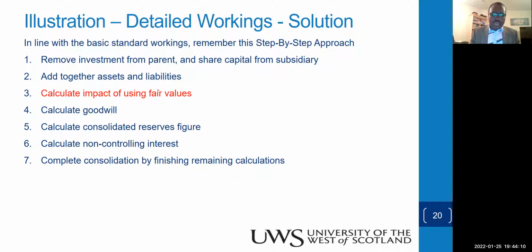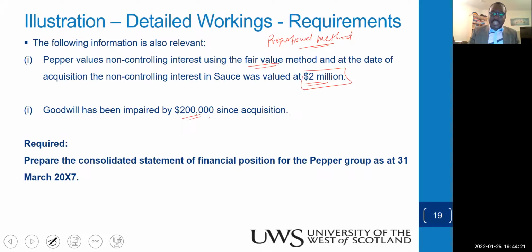Then we calculate the goodwill. We find the consolidated group reserve figure. And then we find the non-controlling interest. We've already been given a non-controlling interest at acquisition, but we need to adjust. There's an impairment of goodwill. We don't own 100% of the company. We own 90%. I say we because I'm putting myself in the shoes of the parent.